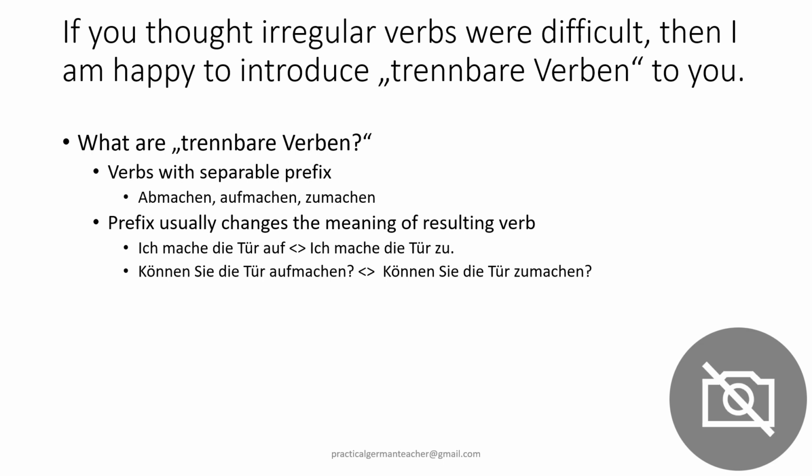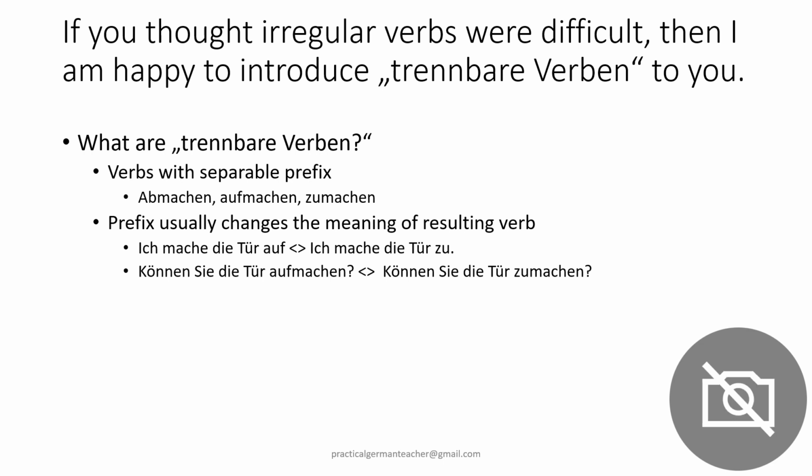But I believe a better answer would be that they help you express your thoughts in a variety of ways, or you can use the same verb and you see that adding a prefix will change the meaning of the verb completely. For example, machen usually means to do. The verb aufmachen, if you add prefix to machen, the prefix is auf, then it is usually used to say things like opening doors or opening windows.